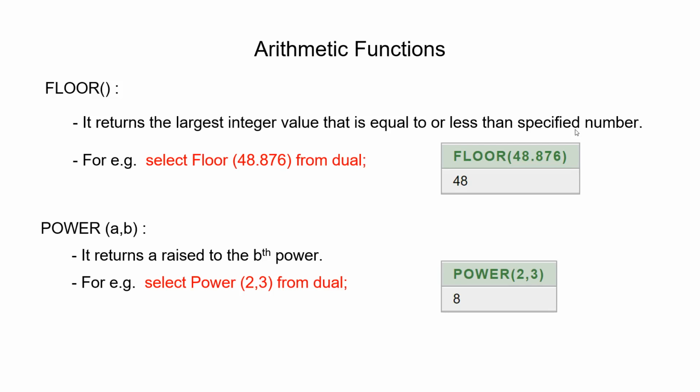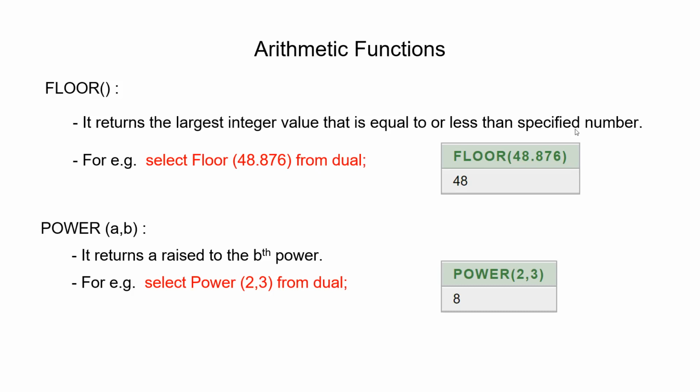Floor means the flooring part is on the lower side, so it will return the lower value or lesser value. So example is select floor 48.876. Then it will return 48. Why? Because it is the floor function. So remember the difference. Ceil means it will give upper value and floor means it will give lower value.